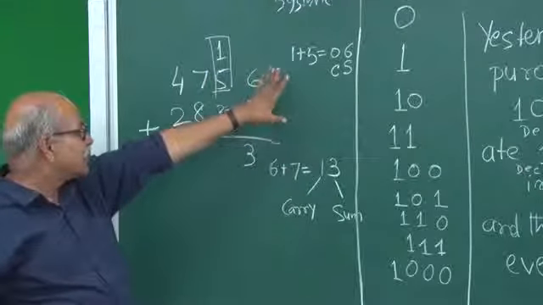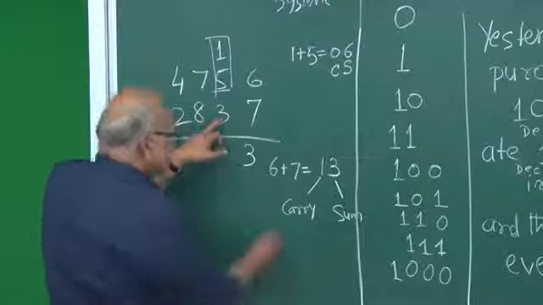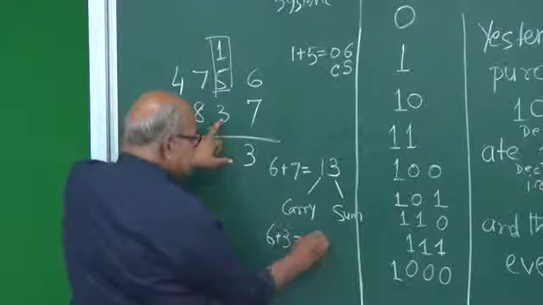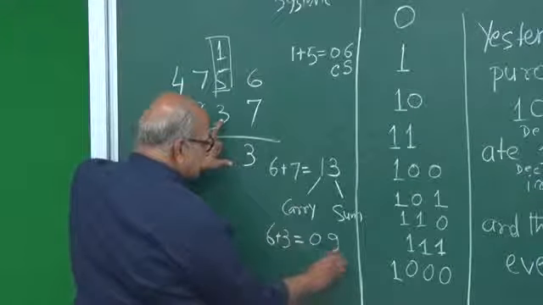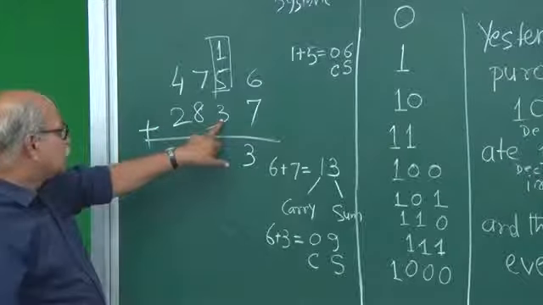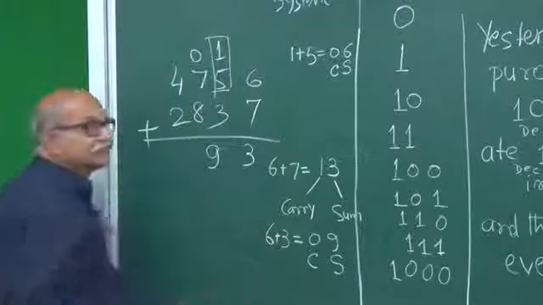So, our life is simple. So, that 6 is to be added here, and once again 6 plus 3 is 9, 0, 9, sum is 9 and carry is 0. So, that sum comes here and the carry goes here.